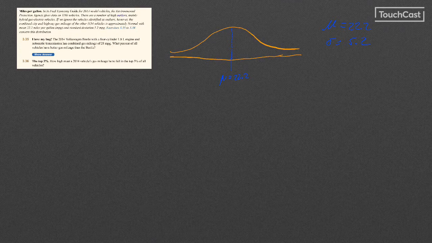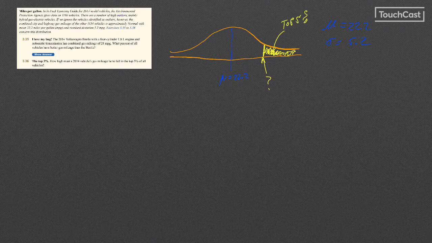So the question here is what mileage the vehicle's gas mileage has to reach in order to be in the top 5%. What they're really asking, when you look at the chart, is what value this point needs to be in order for the area to its right to be the top 5%.